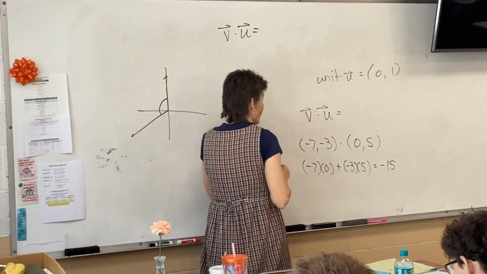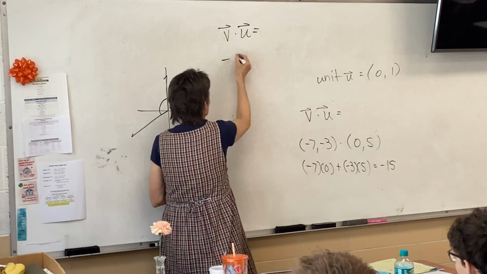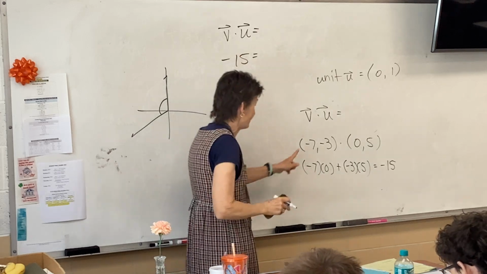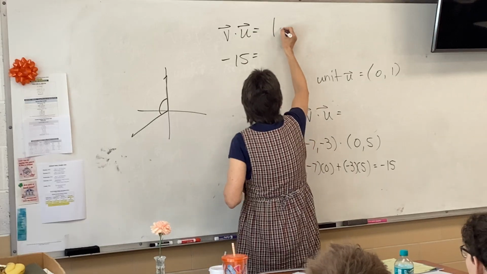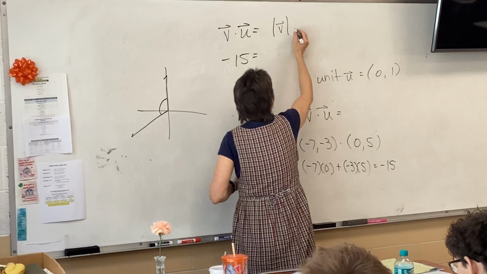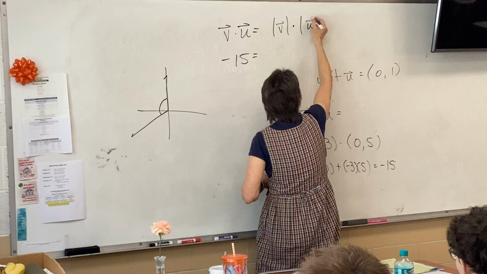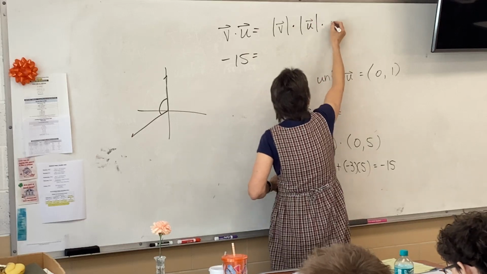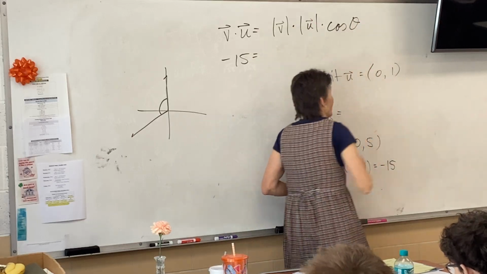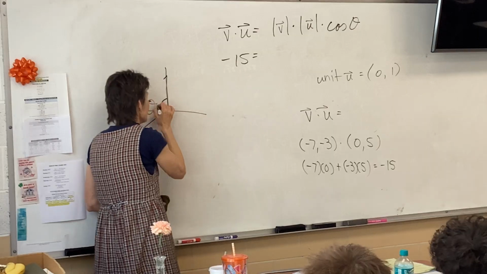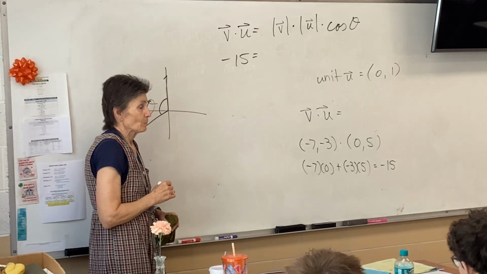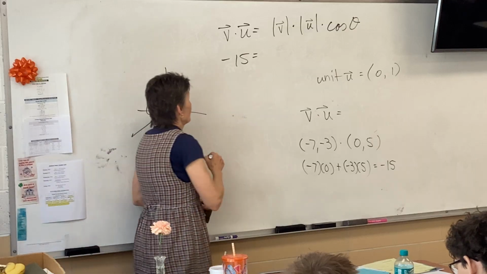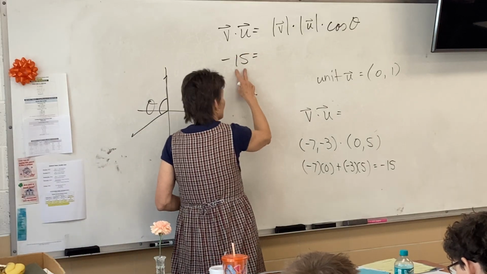V dot U, which we already know is -15. We already did that. V dot U right here. Is the magnitude of V times the magnitude of U times the cosine of the angle between them. Now, we know this number, -15.